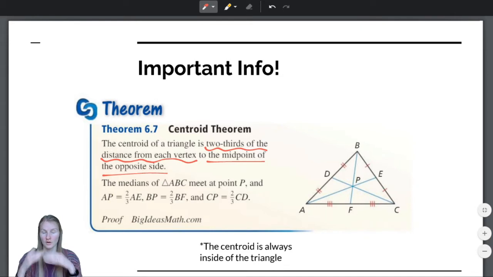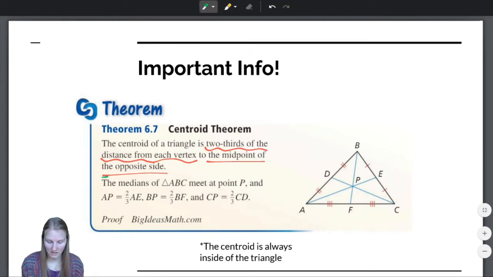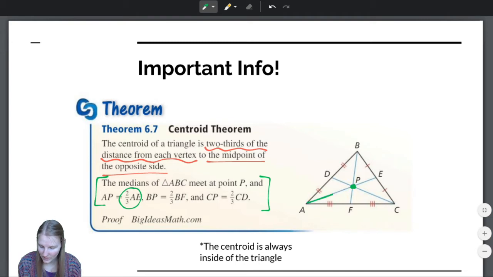Now, that can be hard to wrap your brain around at first, so I like that they put it in math speak down here. The medians of ABC meet at point P, at our centroid, and AP is 2/3 of AE. So basically, we've split up this entire median.